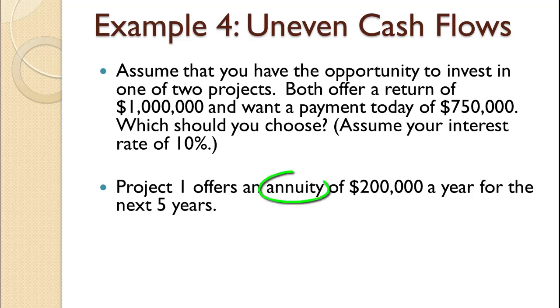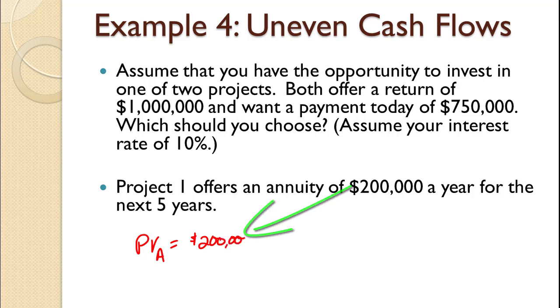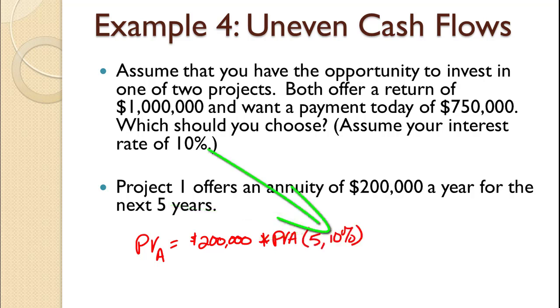This one is a normal annuity, $200,000 a year for 5 years. So I can set this up. Present value of this annuity is going to equal $200,000 a year. That's my payment. 5 years at 10%.